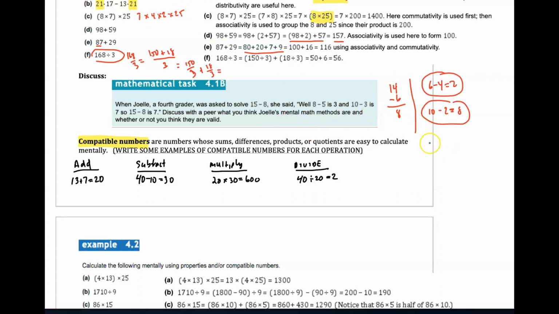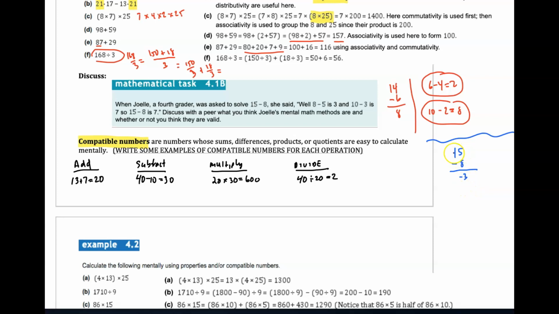Now, the reason that kind of works is what the student's really doing without writing it down. Why it works is the student's really doing 5 minus 8. Instead of writing 3, they reverse it, but I would say you can do 5 minus 8. If you know your negative numbers, it's negative 3.